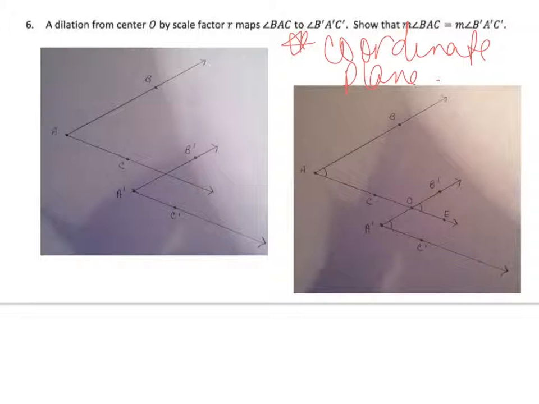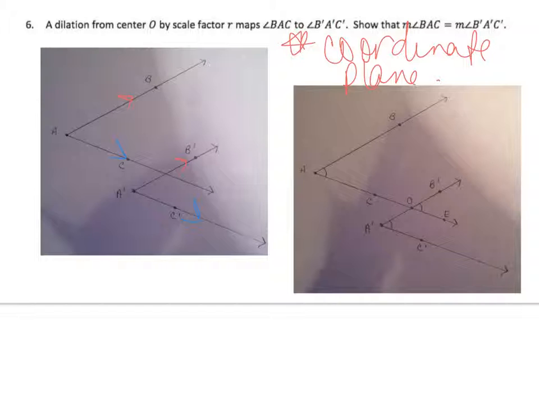By properties of dilations, we know that a dilation maps a line to itself. So I mapped line AB onto line A prime B prime. And we also know that these two lines are in fact parallel, and these two lines are parallel, correct? We learned that with just the properties of dilations.